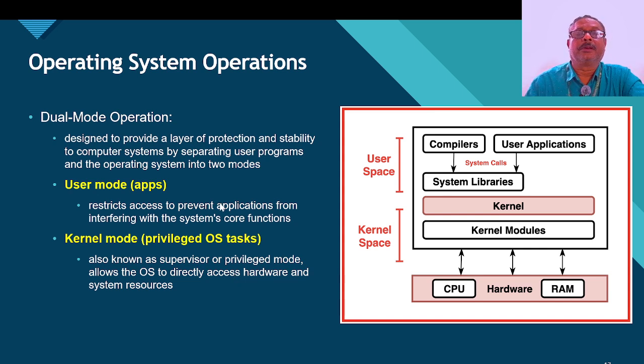Whereas if it is user mode applications, then the hardware can be accessed only through the tasks that are working in the kernel mode. So if the user wants to compile anything, then it has to use a compiler, but the compiler is working in the user mode. And if the compiler wants to compile the code, then it has to send a request.